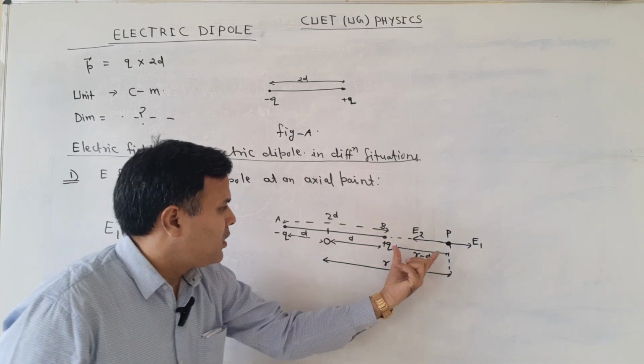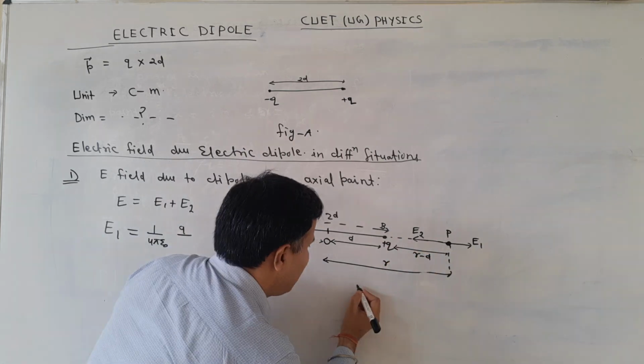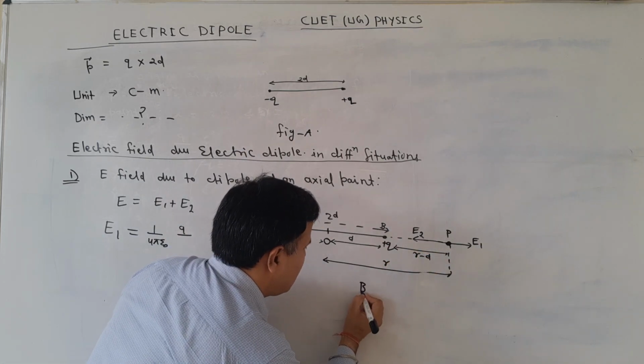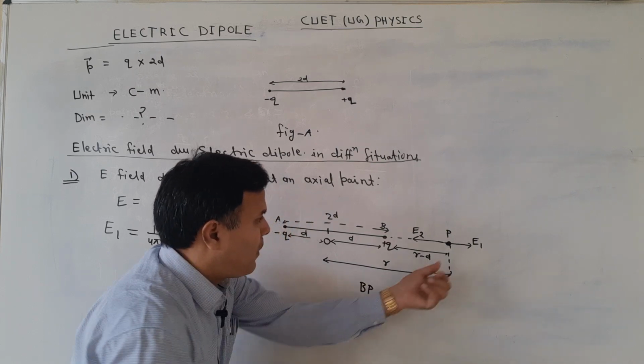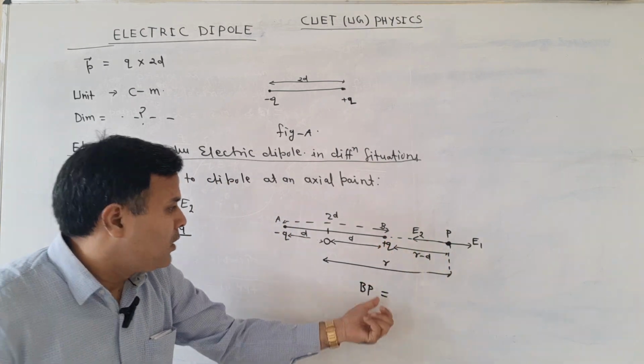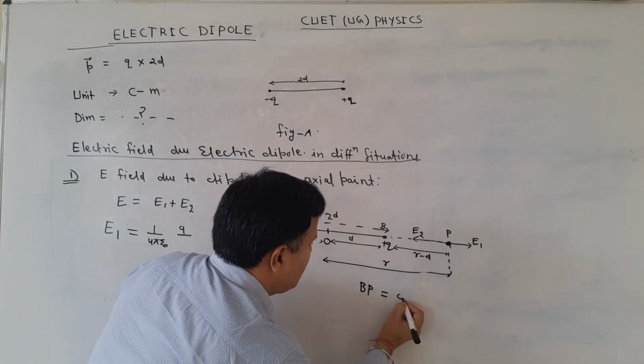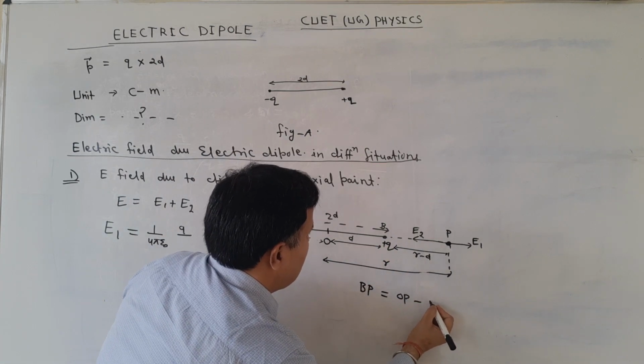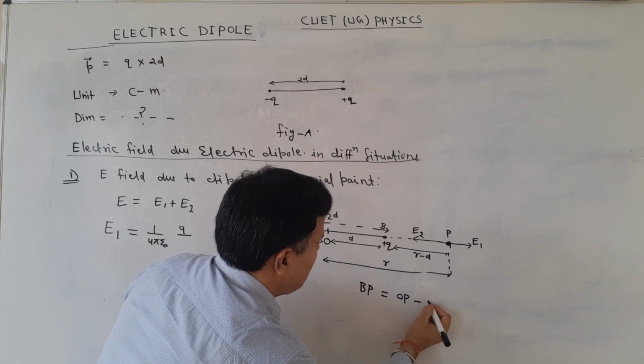This distance BP is the distance from point P to the plus charge q. So BP is basically OP minus OB.